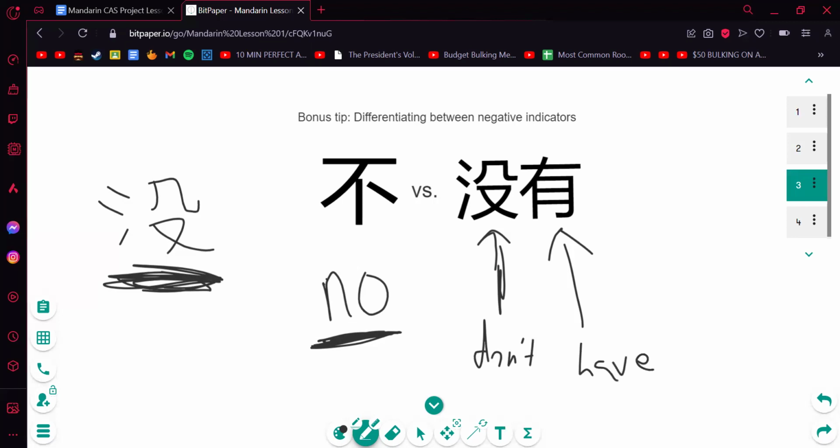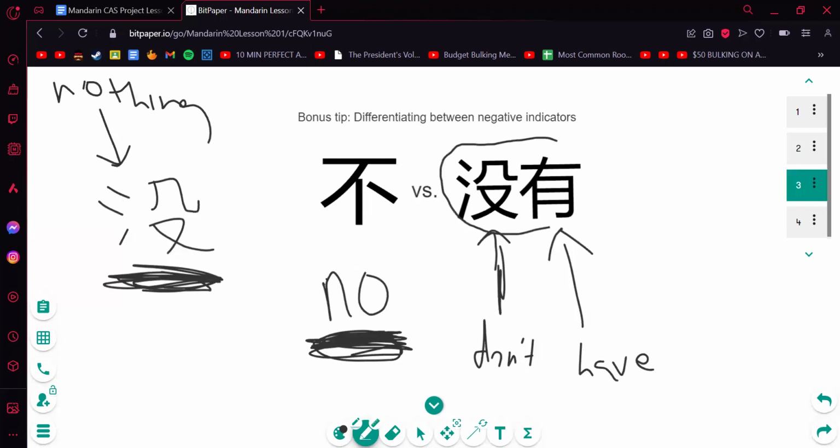But when it's used by itself, I want you to think more like nothing. And when 不 is used, I want you to think no. It just means no. But when 没 is added with a 有, it means don't have. But 没 by itself usually means nothing. So keep that in mind.